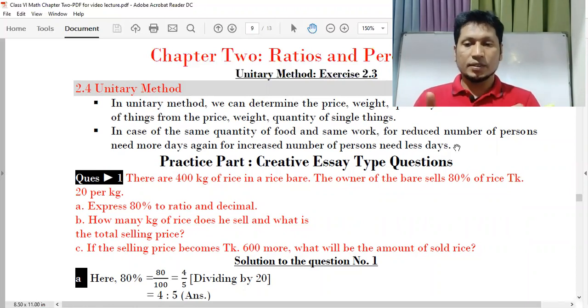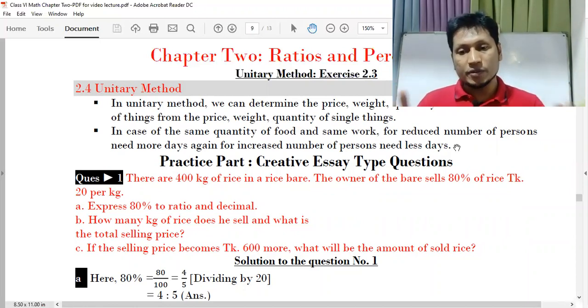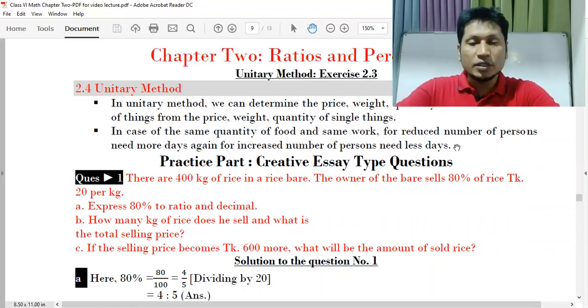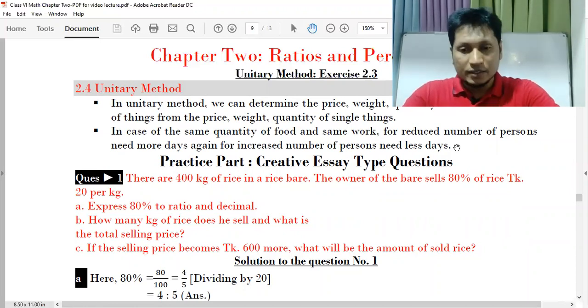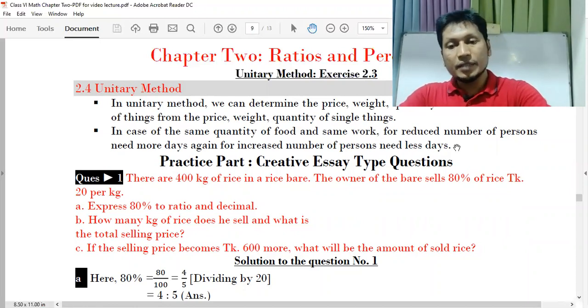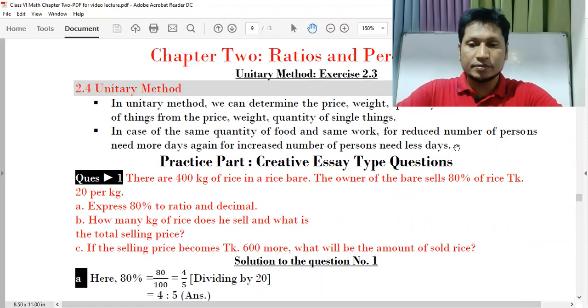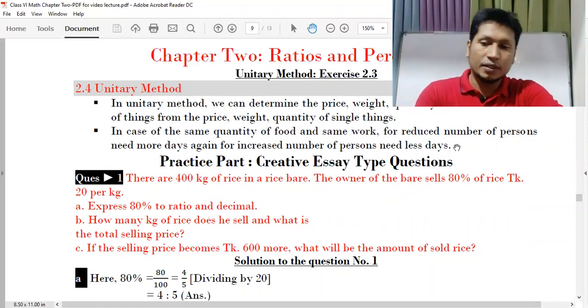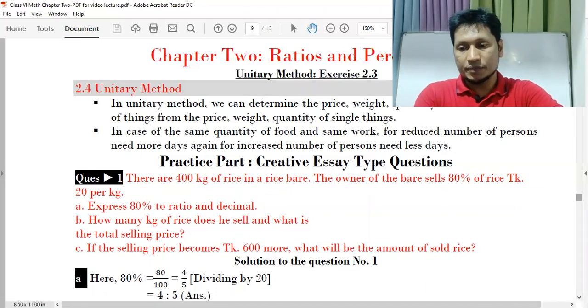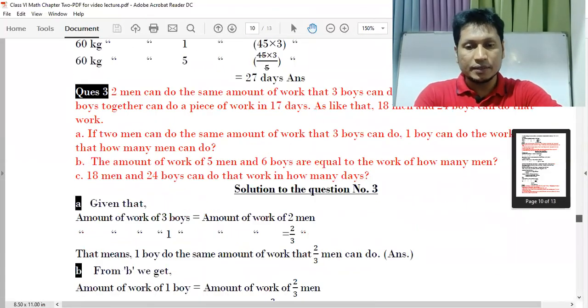Conversely, if persons are increased, then the same quantity of food can be consumed in fewer days. So this is the inverse relation of time and food. By this way, if you know such normal rules, you can solve unitary method related maths.